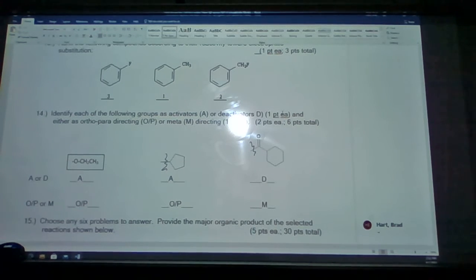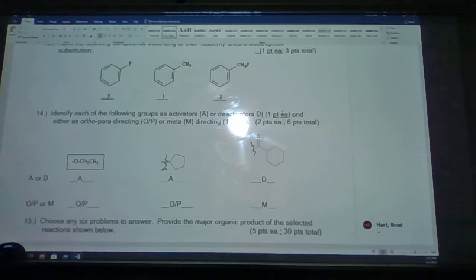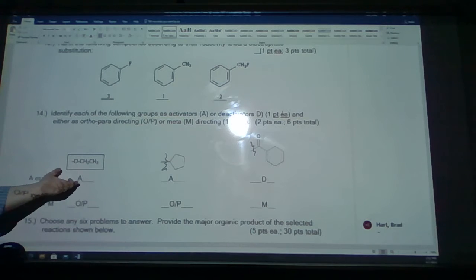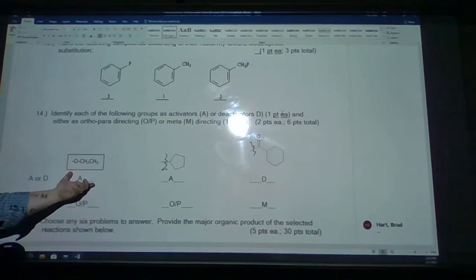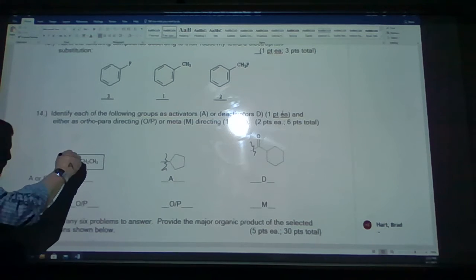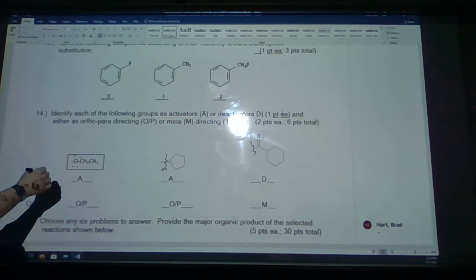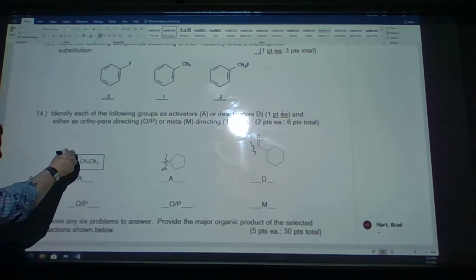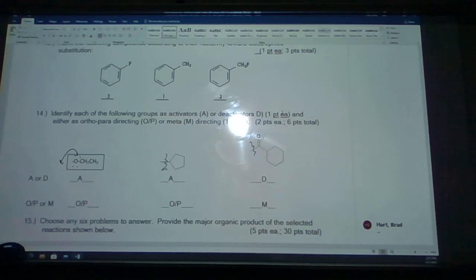And ortho-para or meta directors. Your choices were activator or deactivator. This is a ring activator because the electrons are directly attached to an oxygen which is directly attached to the ring. It can donate those electrons into the ring.